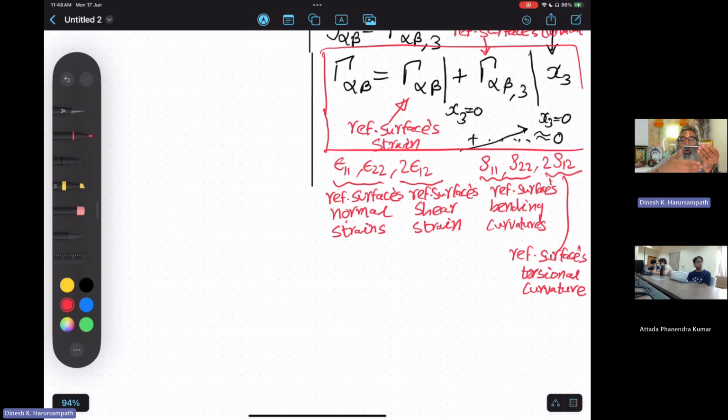Rho 11, rho 22 is because of the drag distribution, and similarly, because of the pitching moment that we showed, there is a twisting that is happening, and that twisting curvature is also there, right? Which is what we call rho 12 over here.